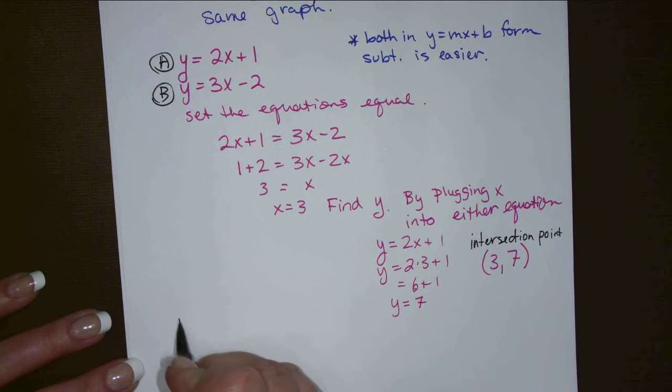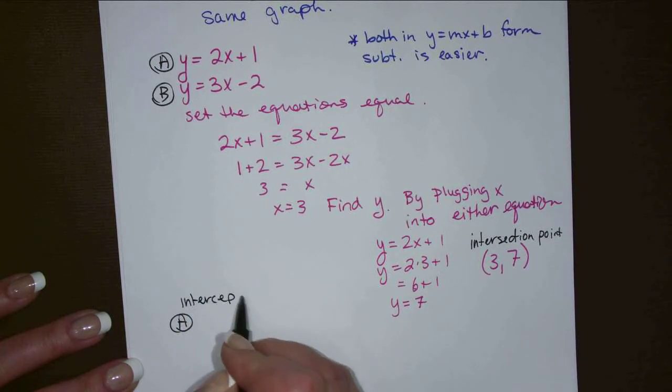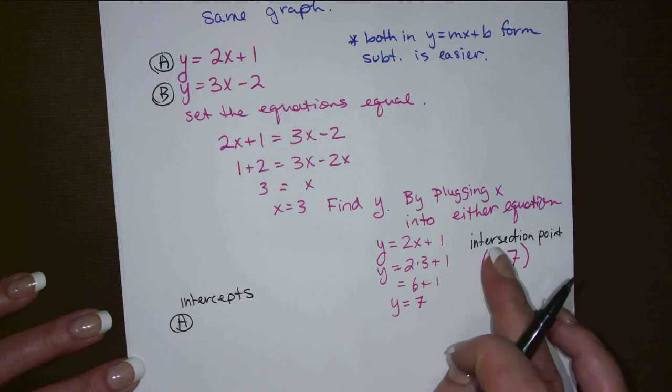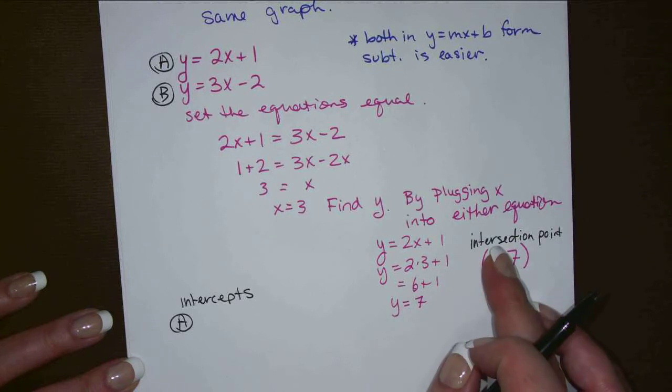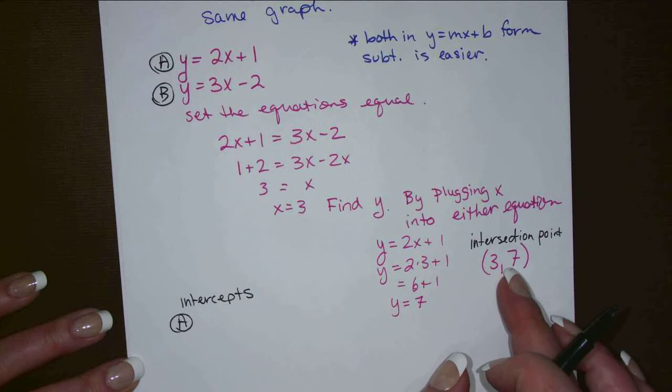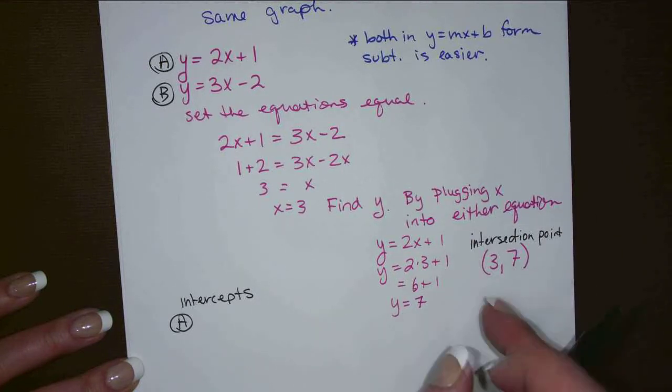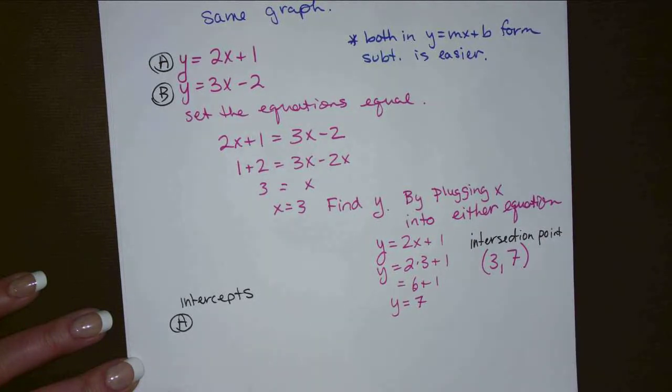And then if we want the intercepts, intersection is like out on the street. An intersection is where two streets cross. Same thing if you think of these as streets, so the intersection is where they cross. Intercepts are where we go through that street at that spot, like a block.